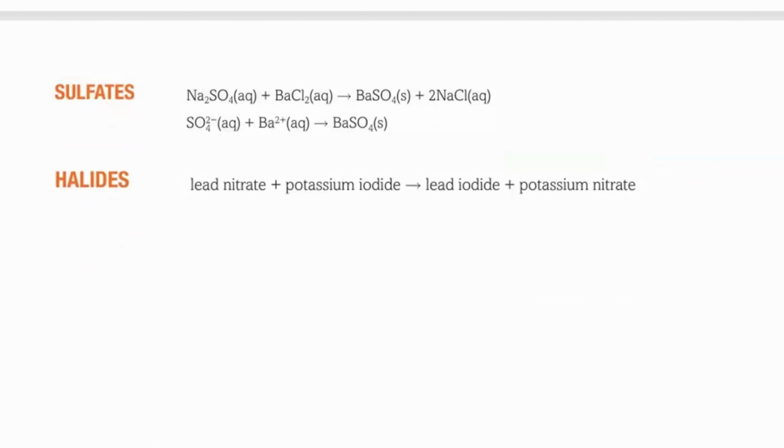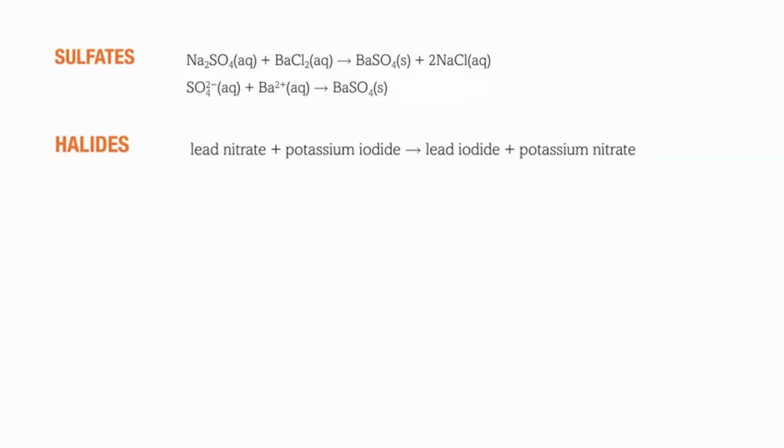Similarly, there's another example where other ions can also be identified. For example, if sodium sulfate and barium chloride react together, we again get a white precipitate being formed. These are both aqueous solutions. When I add them together, a white solid appears.